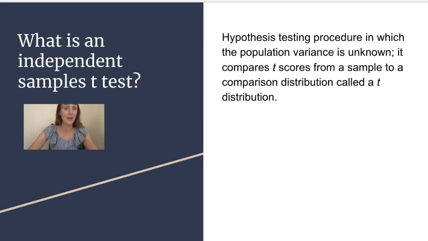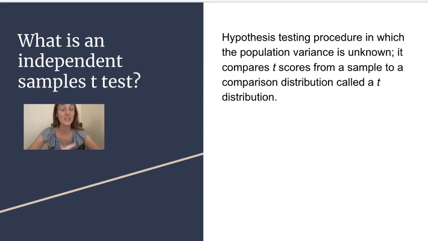So what is an independent samples t-test? We use this when the population variance is unknown. So remember that variance is part of variability that we ultimately use standard deviation to determine. But in this calculation, we use variance again because variance is a larger measure of differences in scores across a data set.